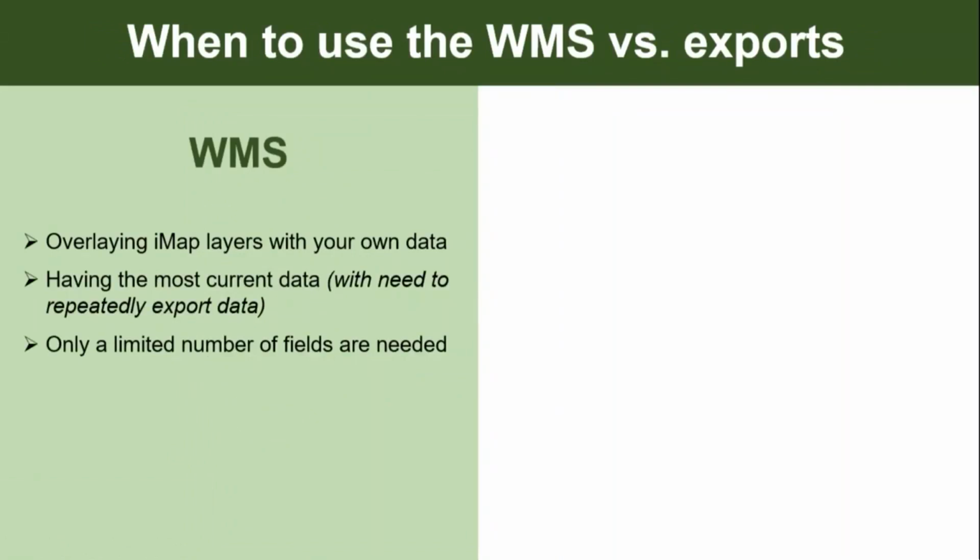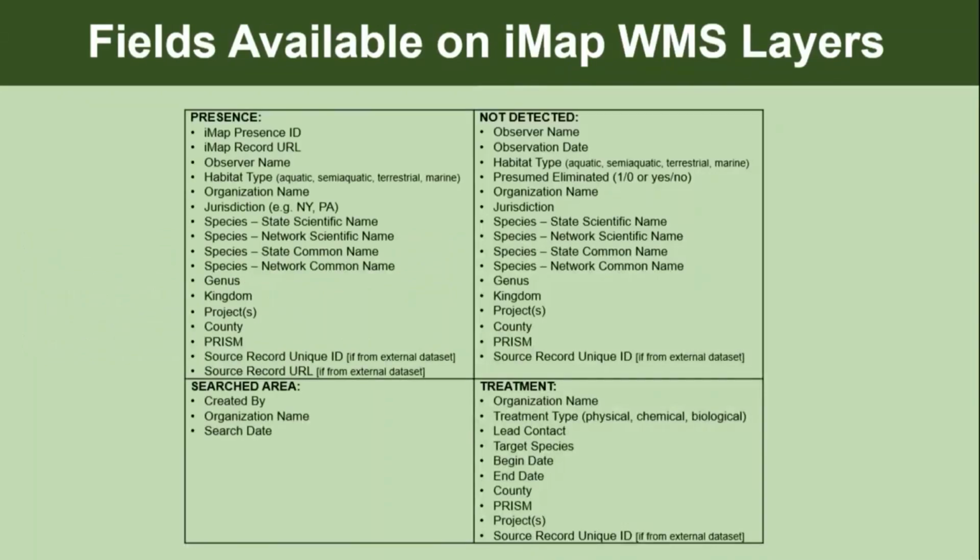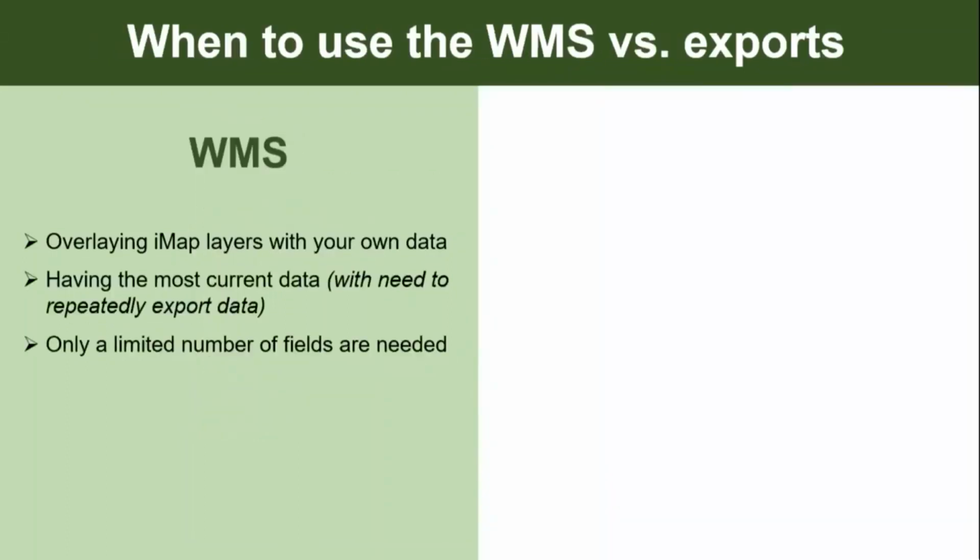It's good to use if you want to always have the most current data and you don't want to repeatedly update and export that data. And it's also great if you only need a limited number of fields. So if all the fields you need are on this list, then the web map service is probably going to suit your needs pretty well. Some cases where you would want to go back to using exports would be if you need very detailed fields that are not available in the web map services.